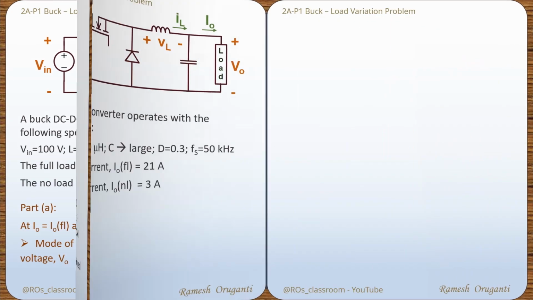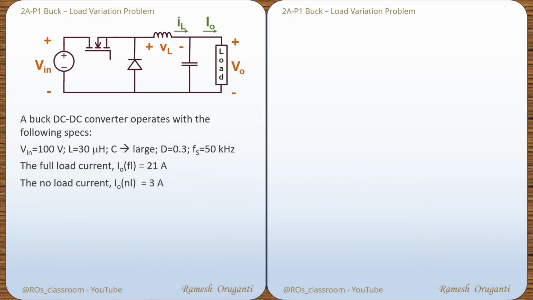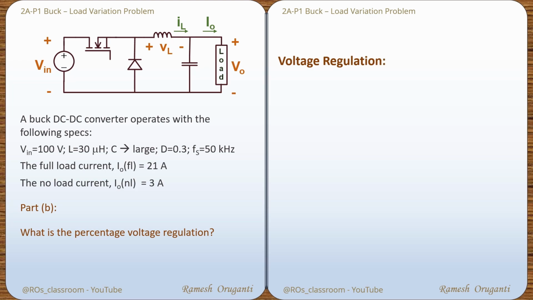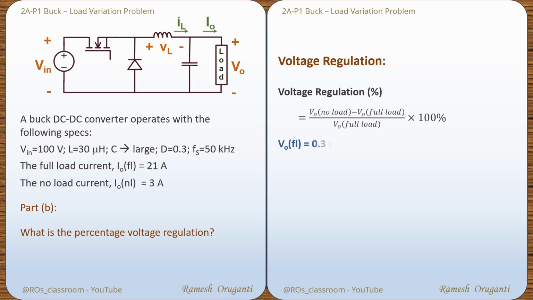Next, we will move on to part B of the problem. What is the percentage voltage regulation? Percentage voltage regulation is given by V0 no load minus V0 full load by V0 full load times 100%. Here, of course, no load we are taking to mean the minimum load that the load is imposing on the converter. V0 full load is 30 volts.